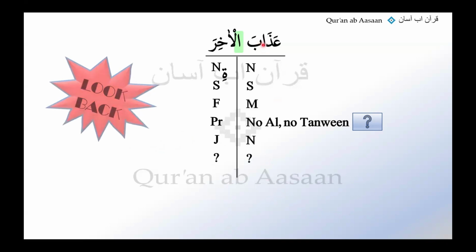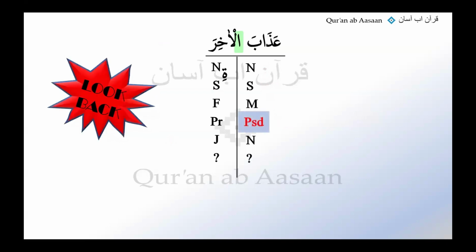We see a noun with no al, no tanween, and al akhirati is in jar. Why is al akhirati in jar? Because what is this noun that has no al and no tanween? This is the possessed noun. I'm going to write PSD, but I'm never going to say PSD.